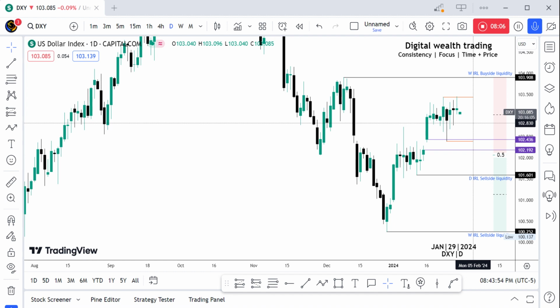Plus, we have a news event coming up, and that news event might drive price as well. So don't trade during the news. Rather wait until after the news and have a clear bias before engaging. Tomorrow, if I have a bearish bias on the DXY, I would not want to trade before the news.